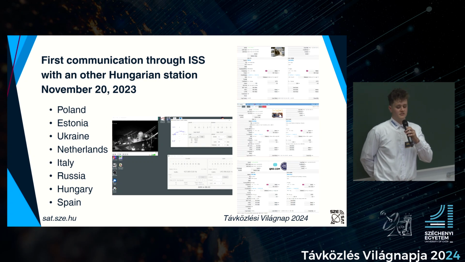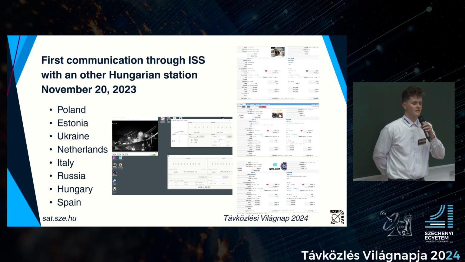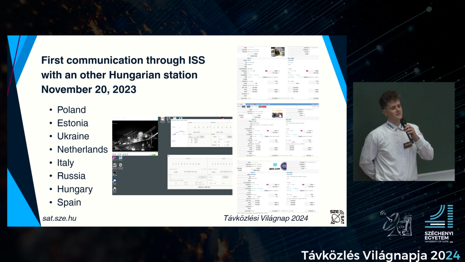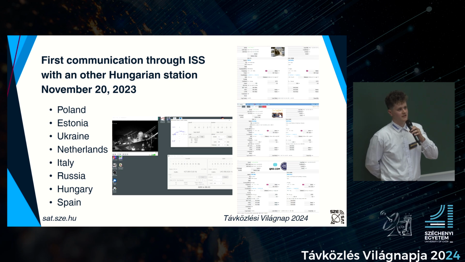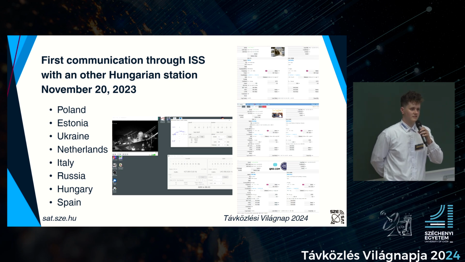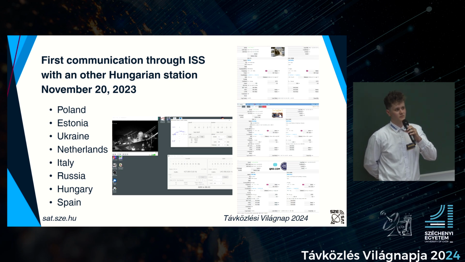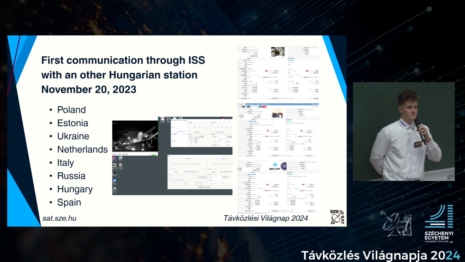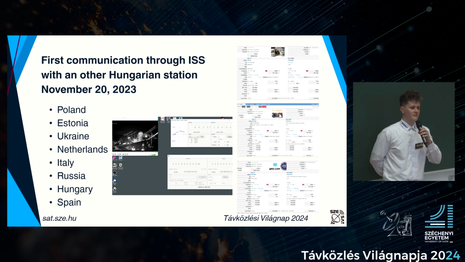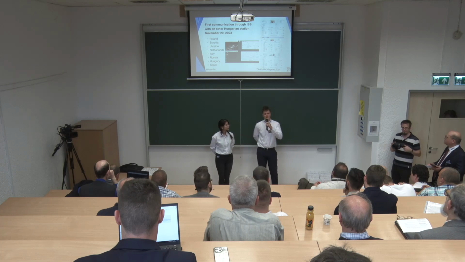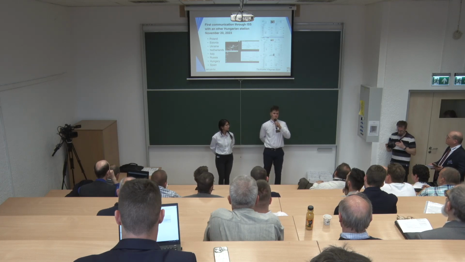And we had our first communication through the ISS with another Hungarian Earth station on November 20th. This Earth station was located in Kapuvár, roughly 50 kilometers away from Győr. It would have taken only 50 kilometers for the signals to reach each other, but we talked through the ISS itself, almost 800 kilometers.